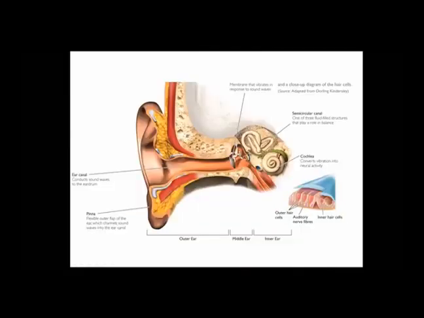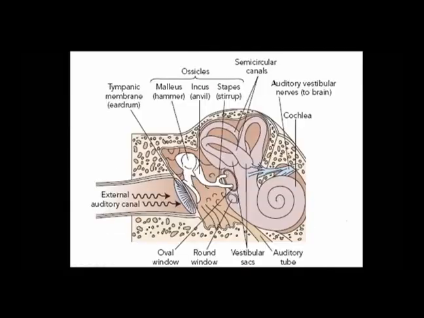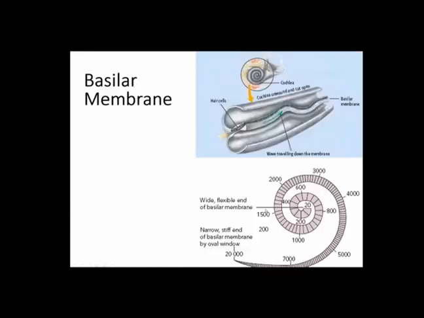Because if we hop back here, we have this oval window that's connecting into the cochlea. So the vibrations from our ossicles transfer to the oval window, so that membrane vibrates and transmits those vibrations into the fluid-filled cochlea. So it's all about vibrations with sound.